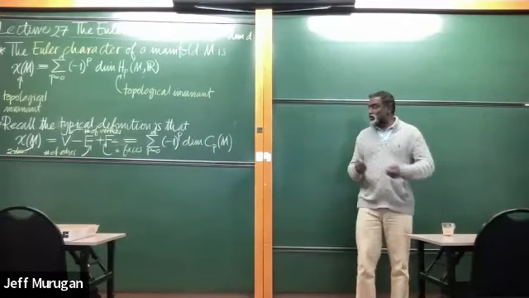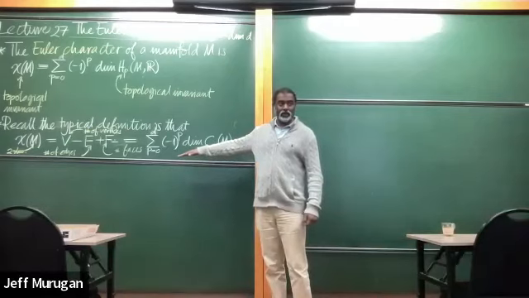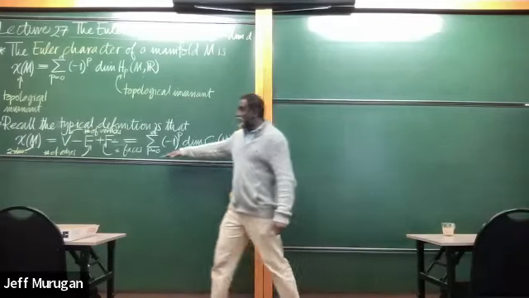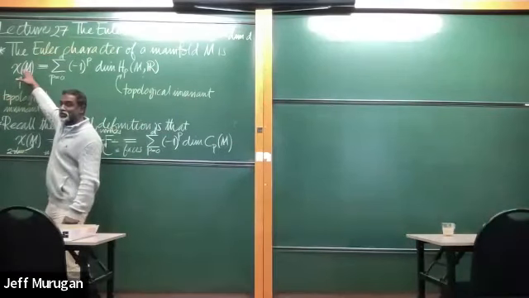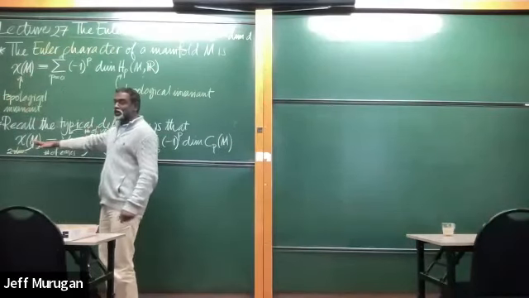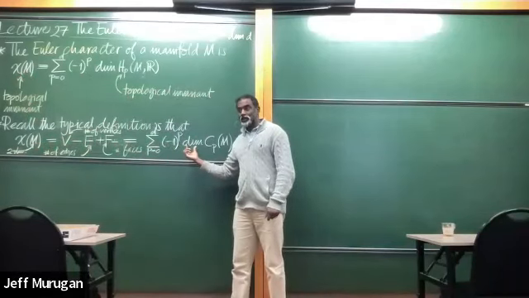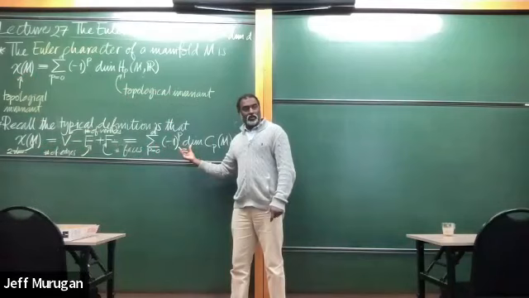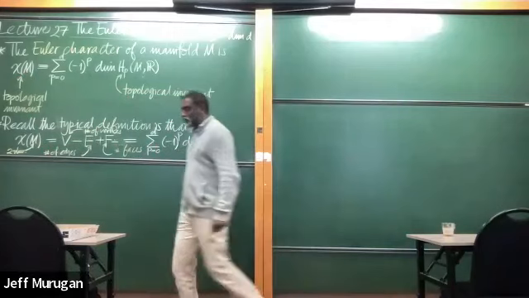So the triangulation is different. So the dimension of C_p of M is different. Right? Yet this is the same Euler characteristic. So if it's a topological invariant here, it's a topological invariant here, which means that somewhere in this alternating sum, all that localness that comes in from the triangulation is getting washed out. So let me show you how that works.